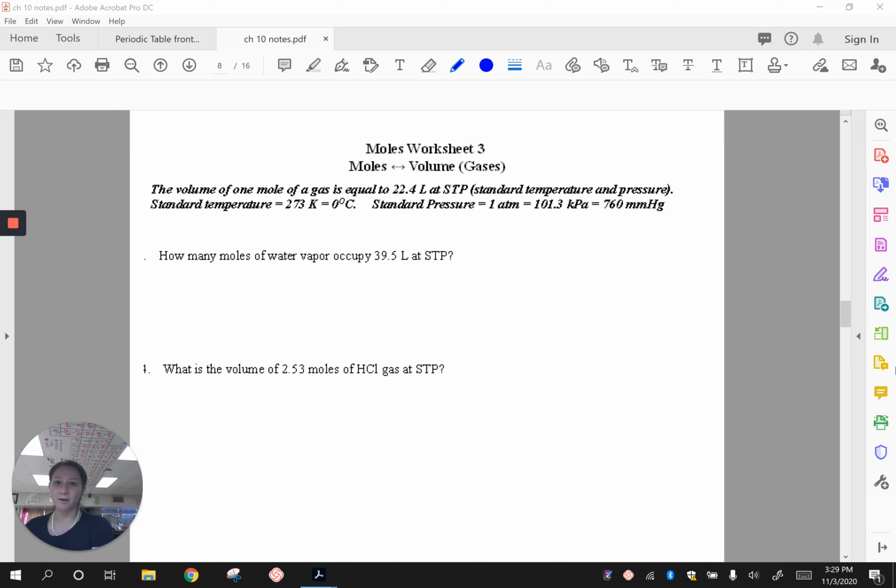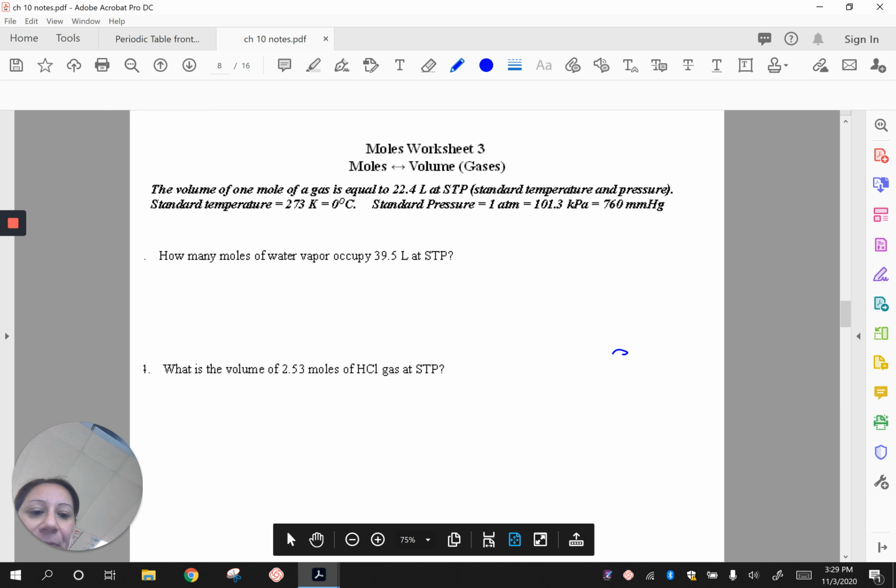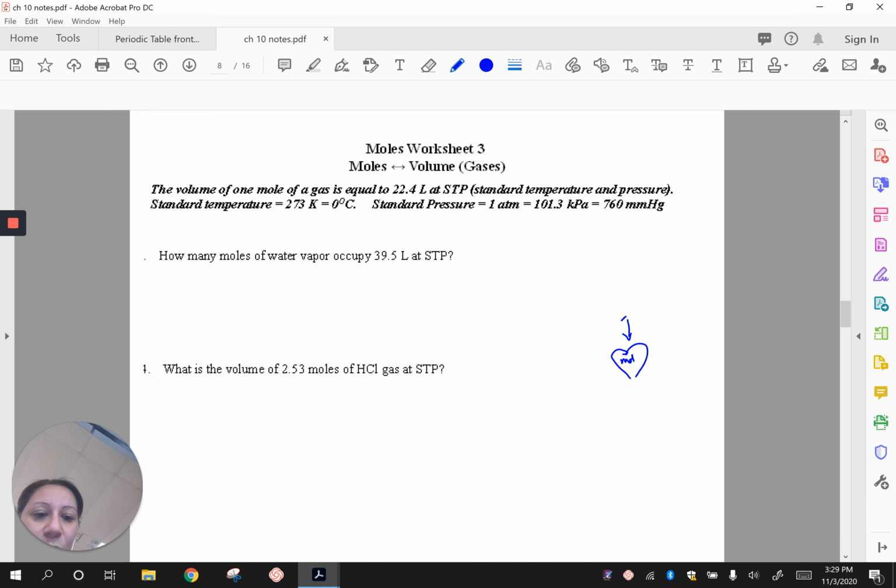Today we're going to talk about moles again and how you can get to volume. We had already talked about that moles are the heart of chemistry, right? And we said that you can go from moles to particles of any substance using that 1 mole is equal to 6.022 times 10 to the 23rd particles.